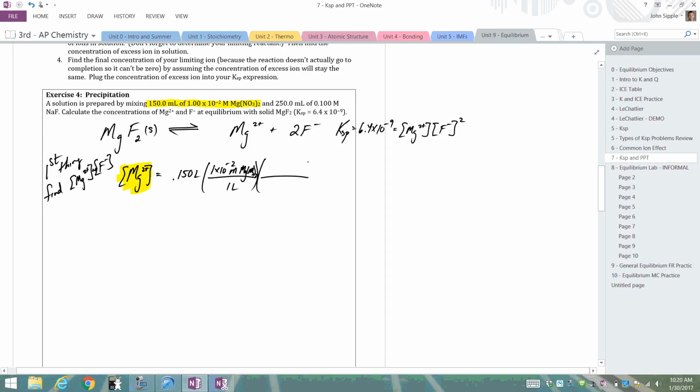So I'm going to write that out just to be complete. It's not always that way. So it's 1 mole magnesium ions for every 1 mole of magnesium nitrate. We end up with 0.0015 moles of magnesium.